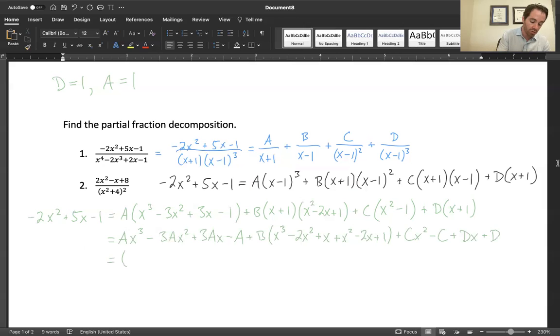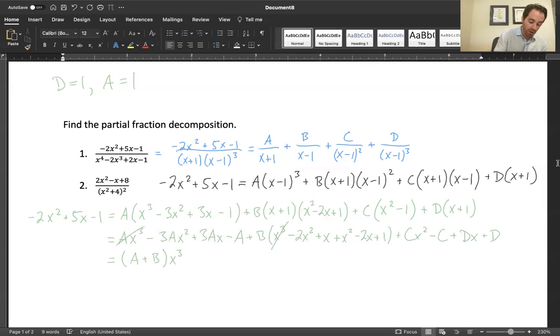So the x cubes will be a plus b. That's going to be what x cubed is. That is this term and this term.